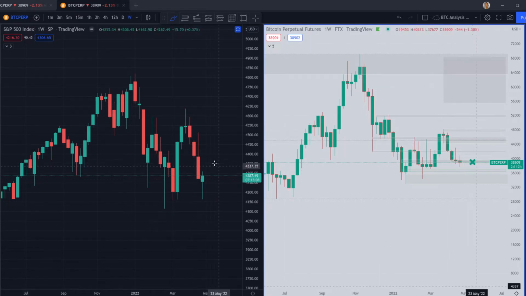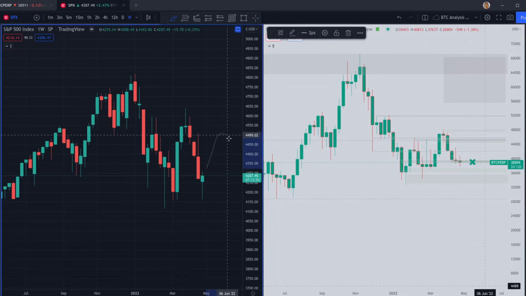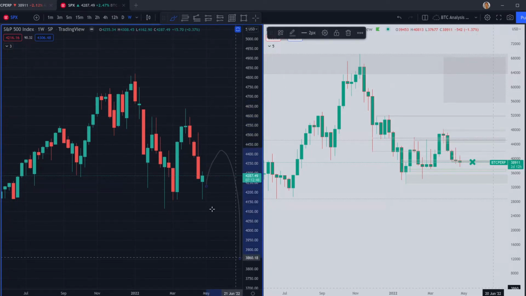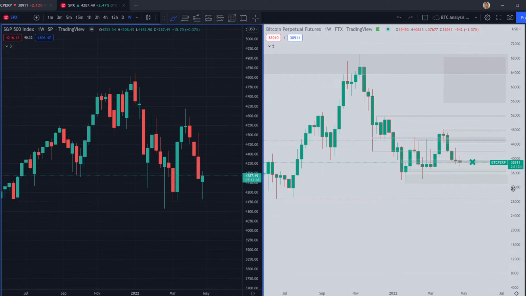Yesterday the earnings of Apple and some tech stocks looked good, so we might see the S&P bounce back, but I don't know how high it's going to go, or it can be just a small bounce and dump like this, also possible. So keep looking at these two. There will be a correlation for some period of time, for this moment.